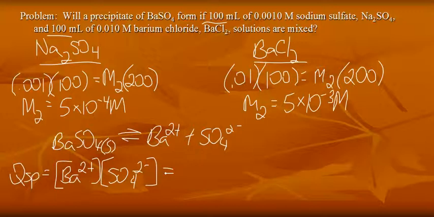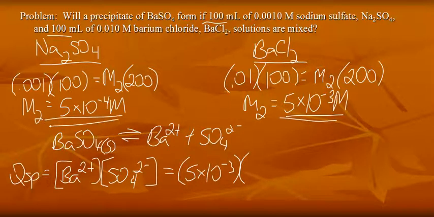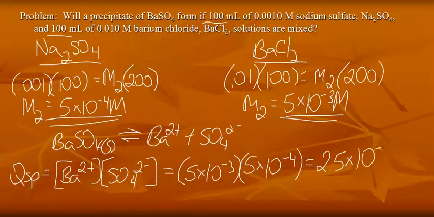Well, the concentration of barium comes from barium chloride, which is 5 times 10 to the negative 3rd. And the concentration of sulfate comes from sodium sulfate, which is 5 times 10 to the negative 4th. And so QSP, when I multiply these two together, is 2.5 times 10 to the negative 6th.